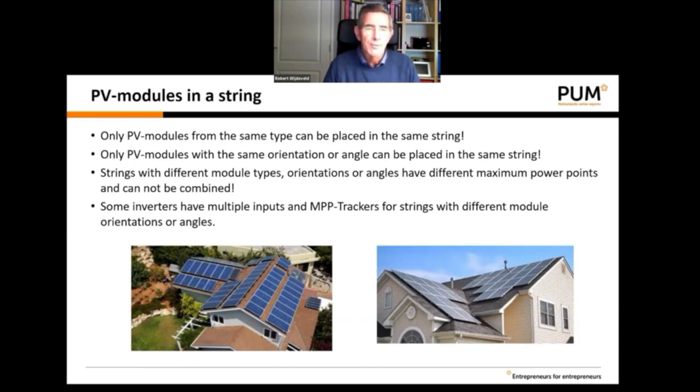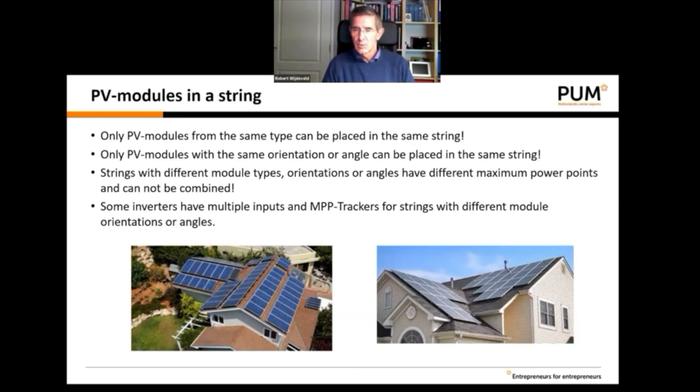So some inverters have multiple inputs and MPP trackers for strings with different module orientations or angles. They have 2 or 3 MPP trackers where you can connect strings with all the same orientation, or another string with the same angle. You see underneath a picture, the right picture, of 2 different roof shapes with solar panels.